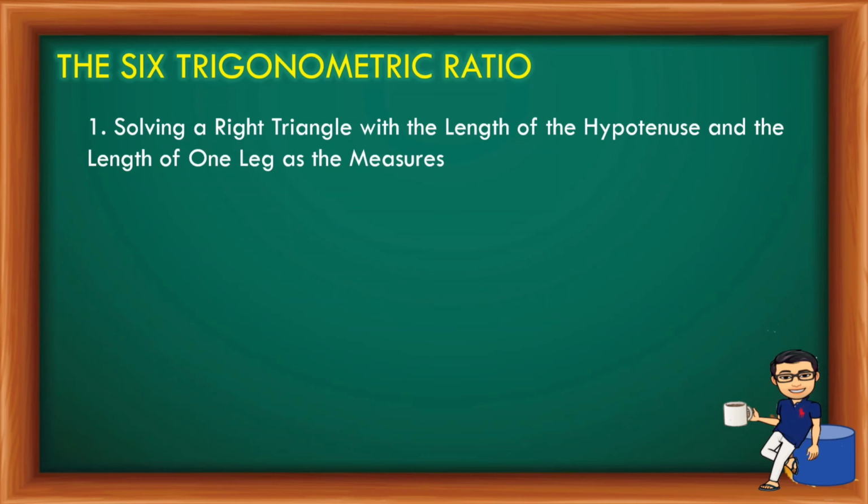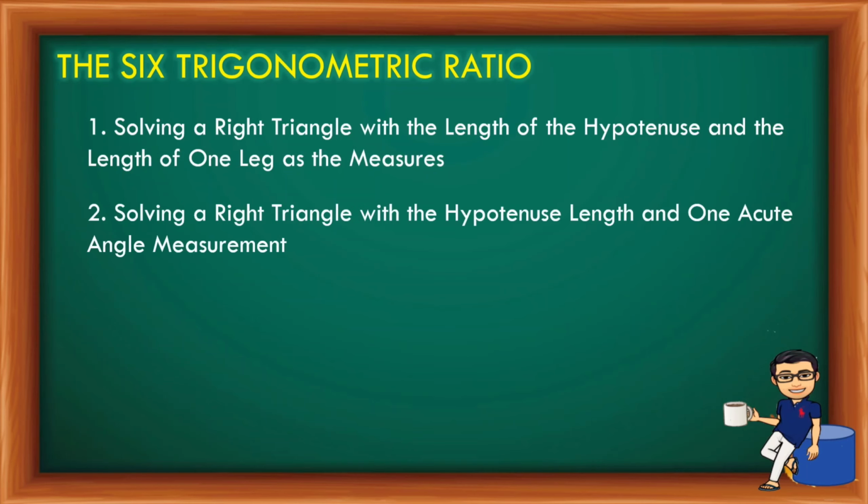And here are the four conditions that you have to be very particular about. The first condition is solving a right triangle with the length of the hypotenuse and the length of one leg as the measure. Hypotenuse and one leg ang given sa condition na ito.